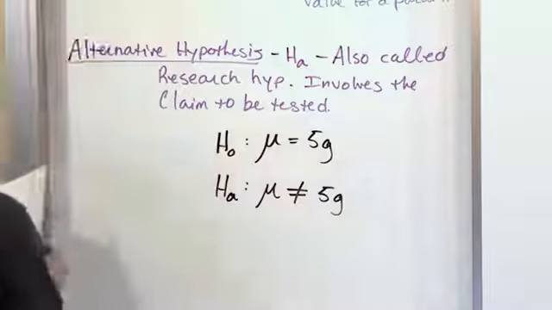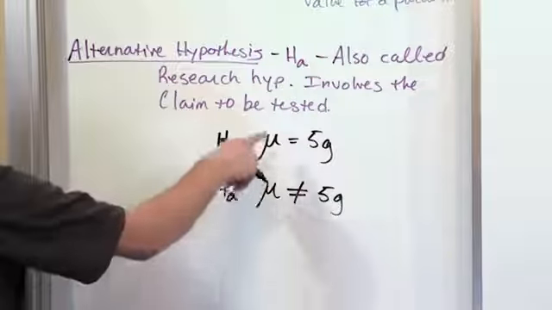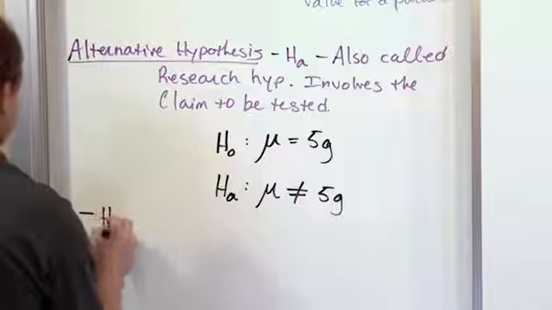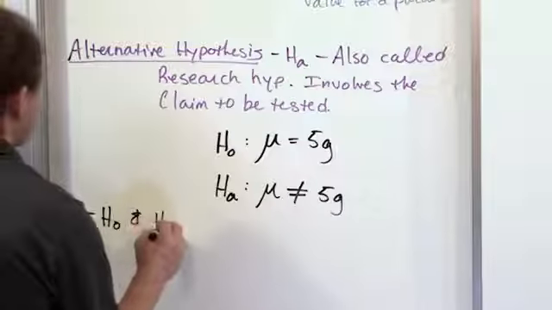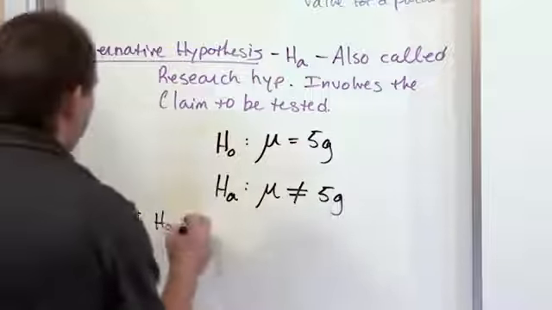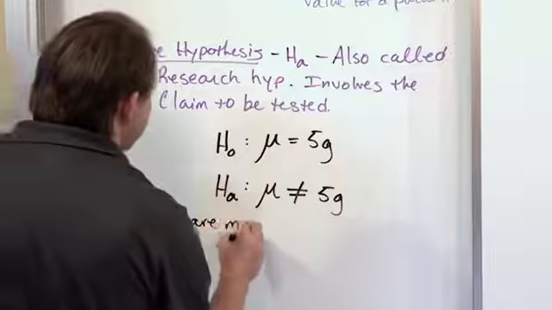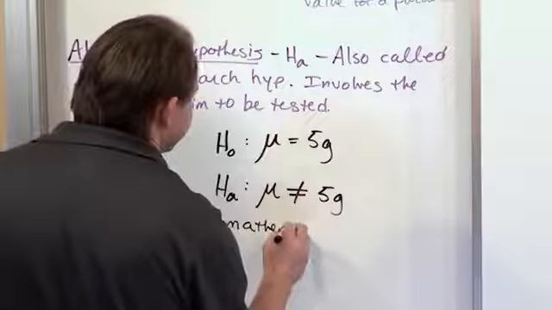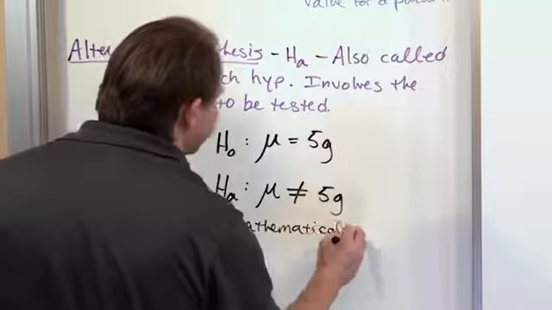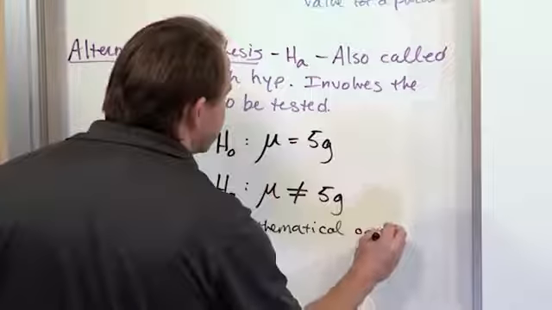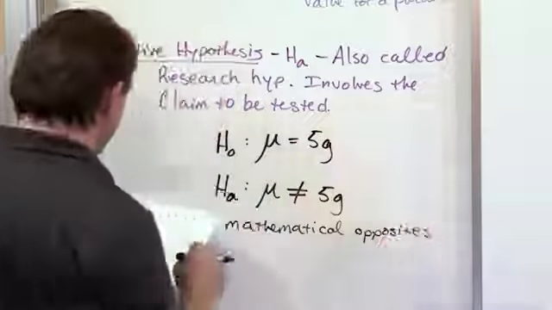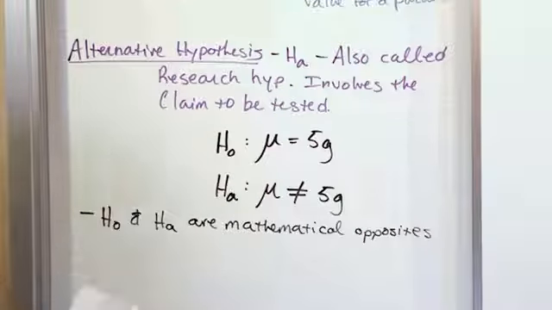Okay? Important thing for you to realize, and you can kind of see it here, but I'll just spell it out for you. The null hypothesis and the alternative hypothesis are mathematical opposites. They're mathematical opposites, okay? And you can see that.